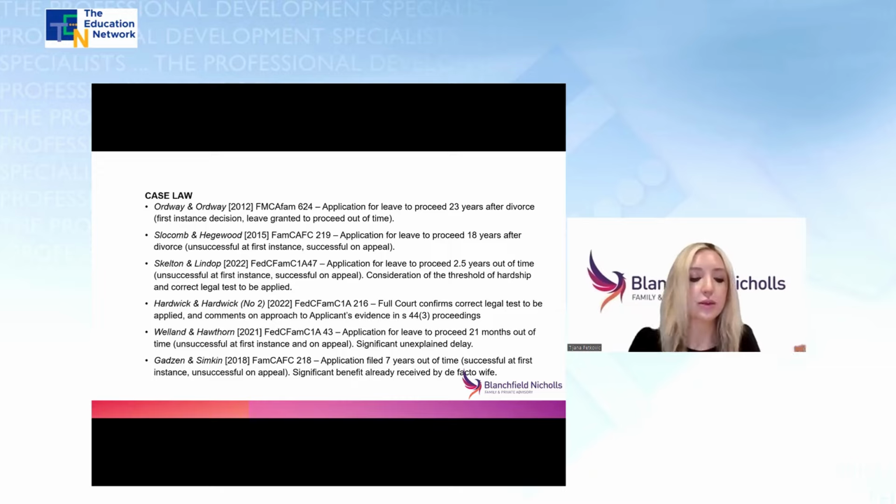And therefore, the court held that the wife would not be likely to receive any further adjustment if she was allowed to proceed. She was unlikely to receive anything near, let alone more than, that which she has already received. On the basis that the wife had received substantial benefit already, the court was not satisfied that she had established hardship, and her application was dismissed.